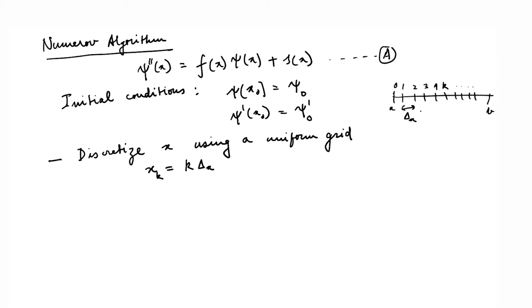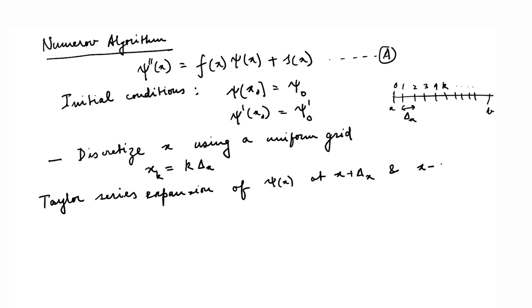So, we do a Taylor series expansion of psi x at x plus delta x and x minus delta x. So my psi x plus, that is say at k plus 1. Let me just write it a bit more carefully.